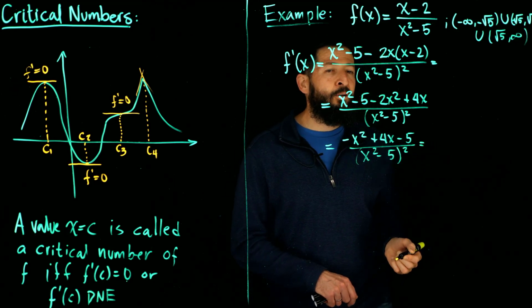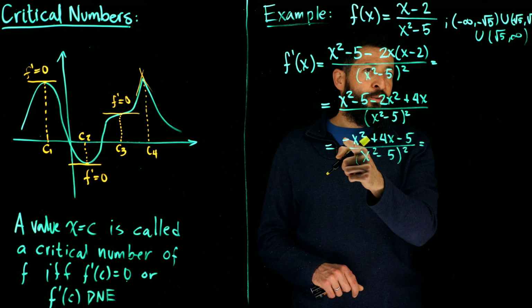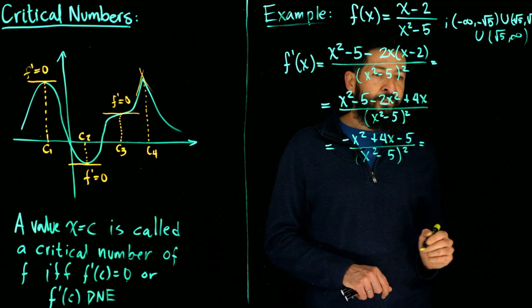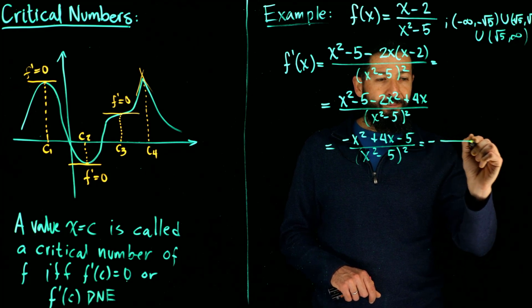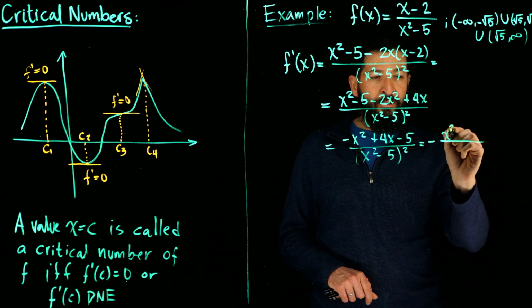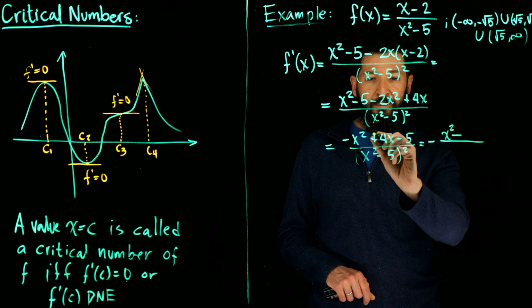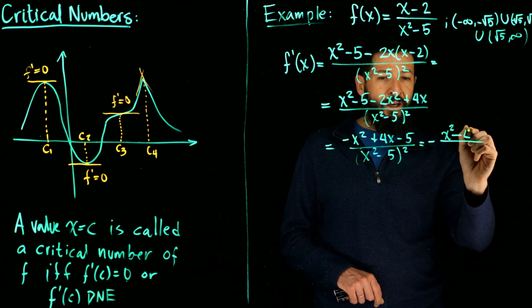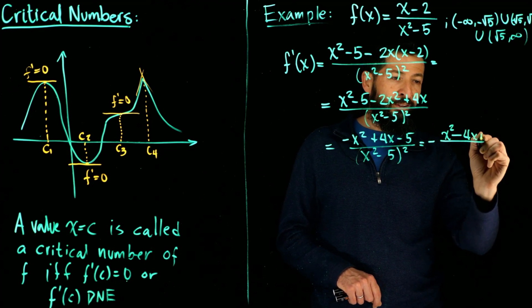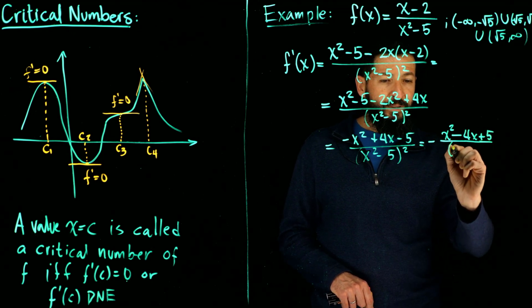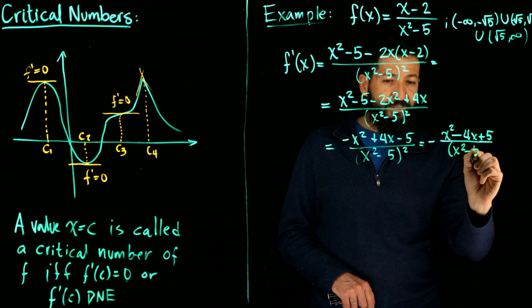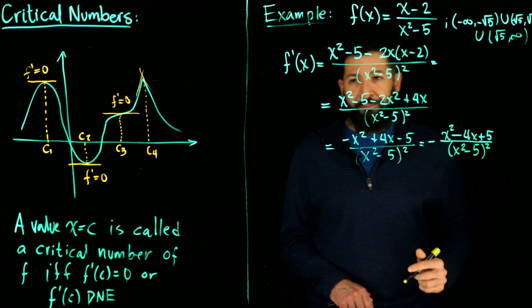I always prefer to factor things that have a positive leading coefficient, so I'm going to pull a negative out: x squared minus 4x plus 5, all over x squared minus 5 squared.